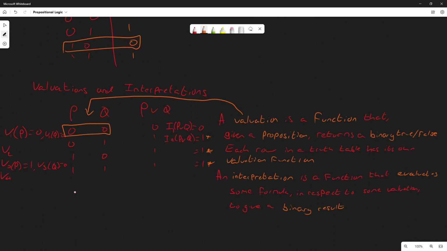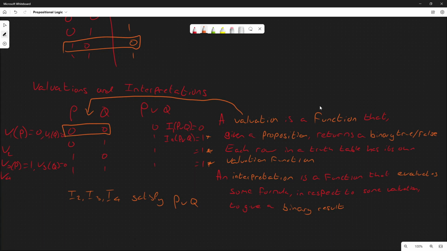Those three interpretations, I2, I3, and I4, all satisfy P or Q. Each is individually satisfied because they evaluate to 1. If you evaluate to 1, then you are satisfying that formula. Those valuations satisfy P or Q.